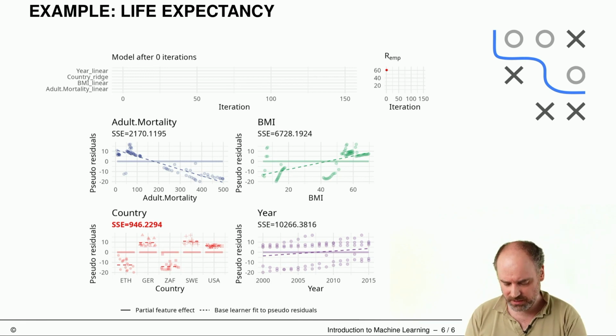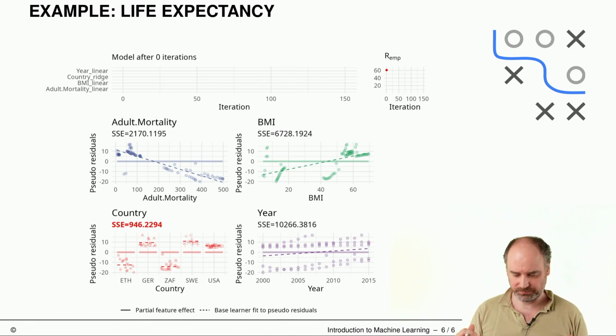And now what we are doing is, as always in gradient boosting, computing our vector of pseudo-residuals. And we are now iterating over all of our base learners. And you can see here the current partial feature effect. So this is when we collect together, as I also explained before, all of the base learners for a certain feature.